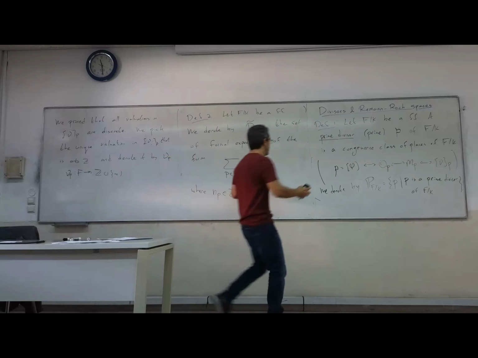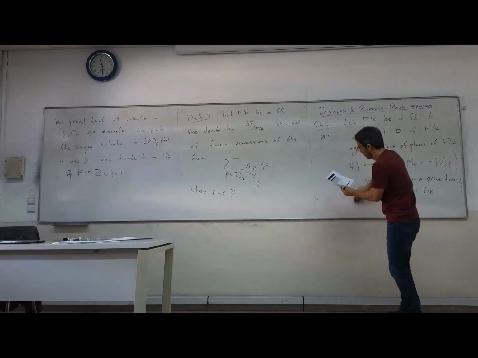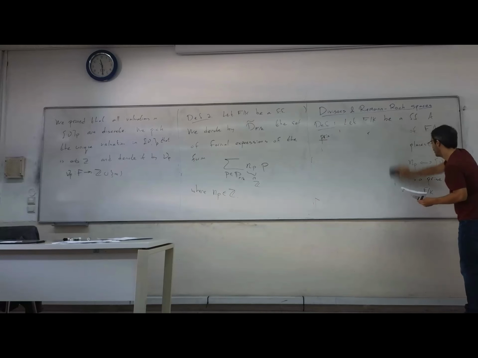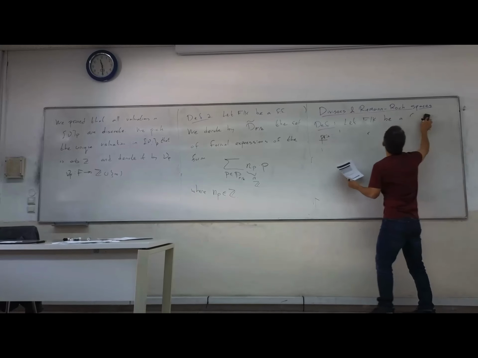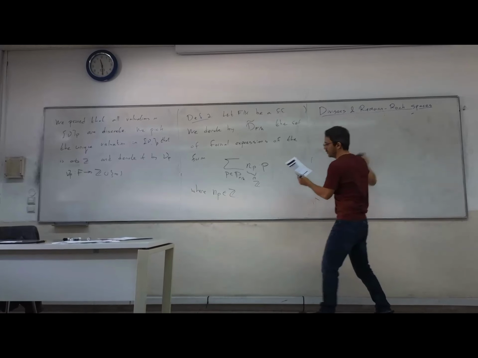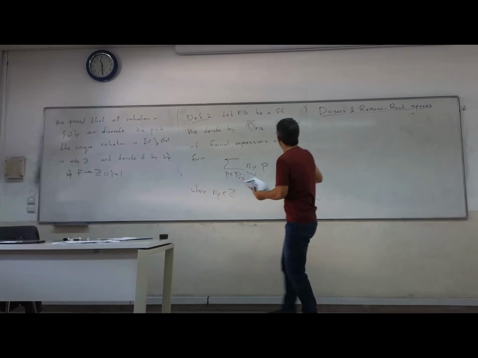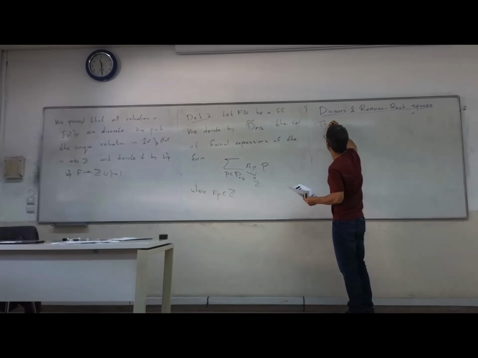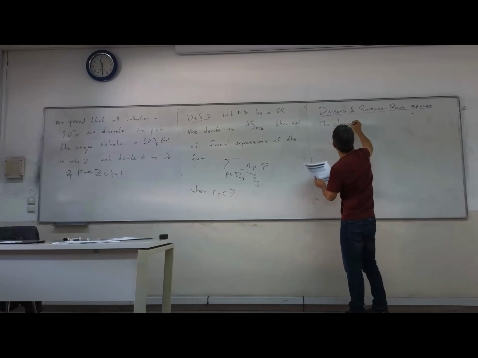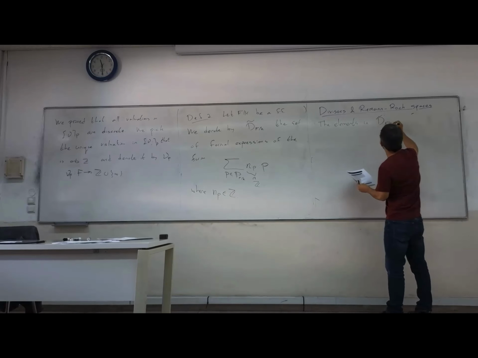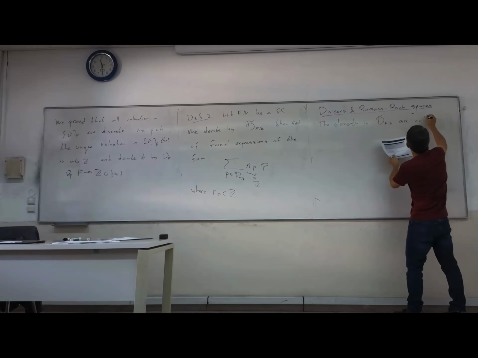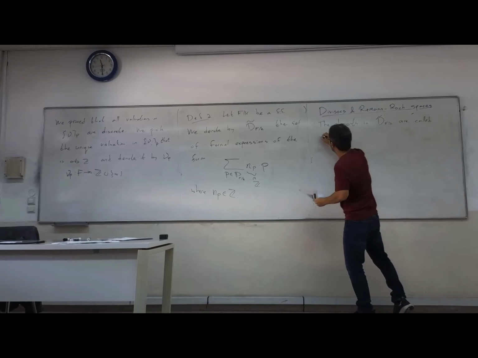Okay, let me dwell on it for a second. So the elements in D hat, F over K, are called pseudo divisors.